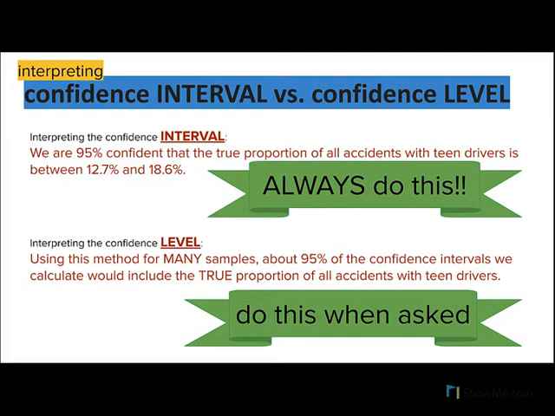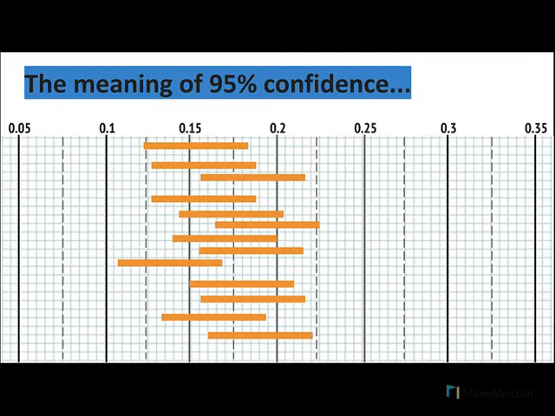So just to demonstrate again what we mean by that, here are a bunch of intervals. This is the one that we actually just calculated based on that 91 out of 582. But if I were to repeat that sampling process, if I were to continue to take random samples of 582 accidents and find what proportion of them involve teens and calculate intervals based on those proportions, these are a bunch of other intervals that I could possibly get.